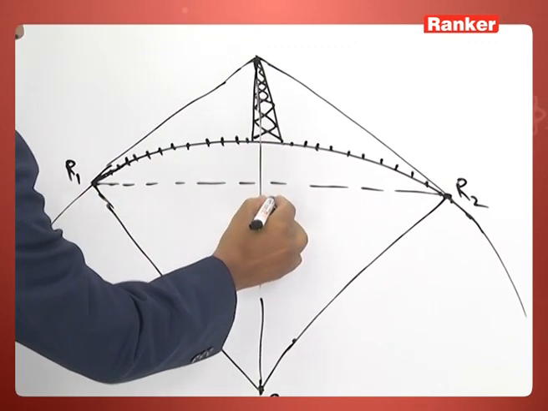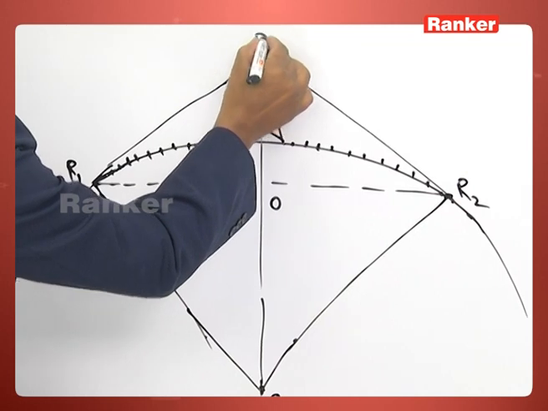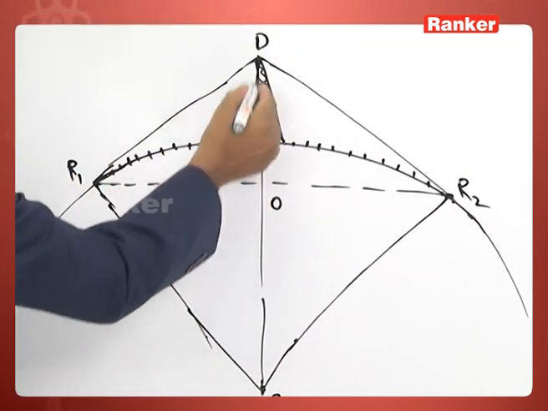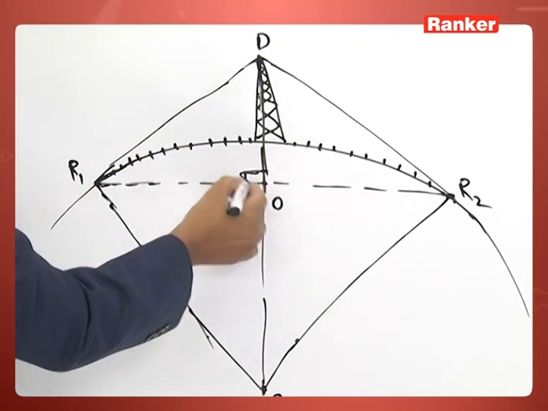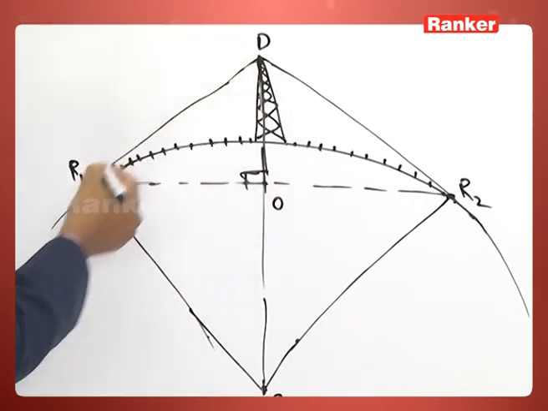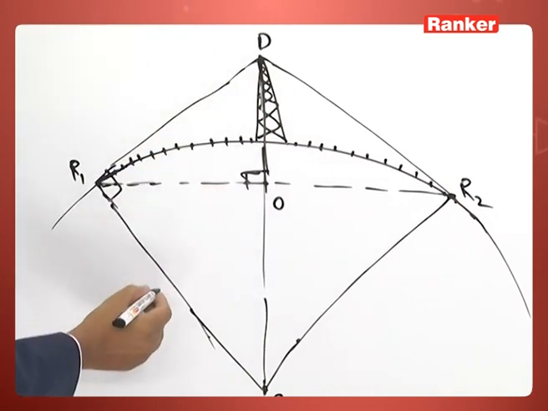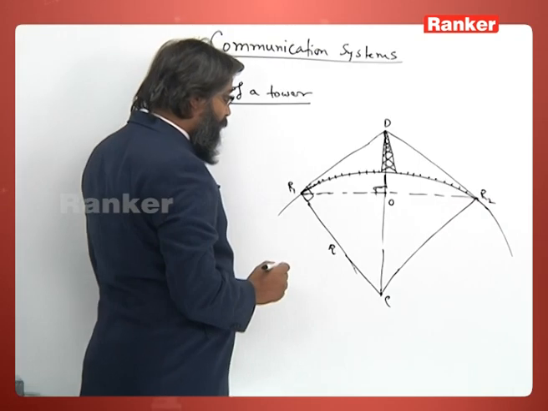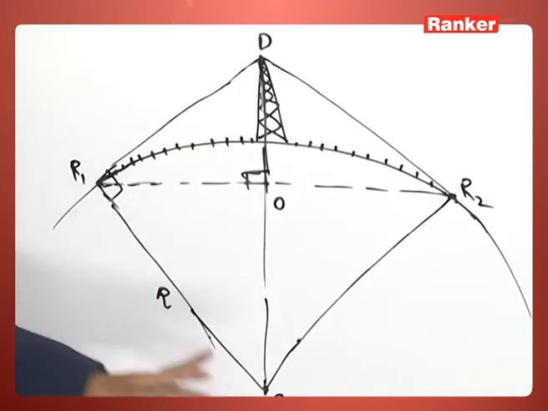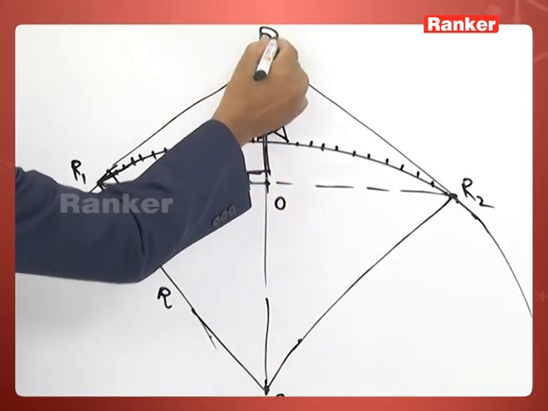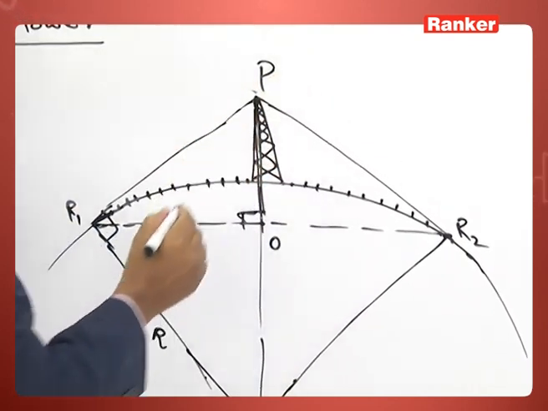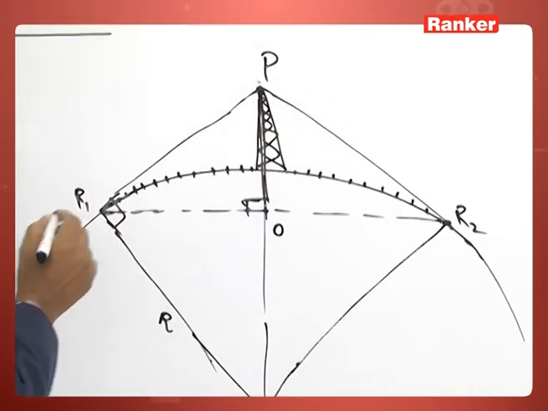Suppose this is O and this is P. This is a right angle triangle and this is also 90, so this is also a right angle triangle. Let us assume R as the radius of earth, this height is h, and P is the top of the tower.